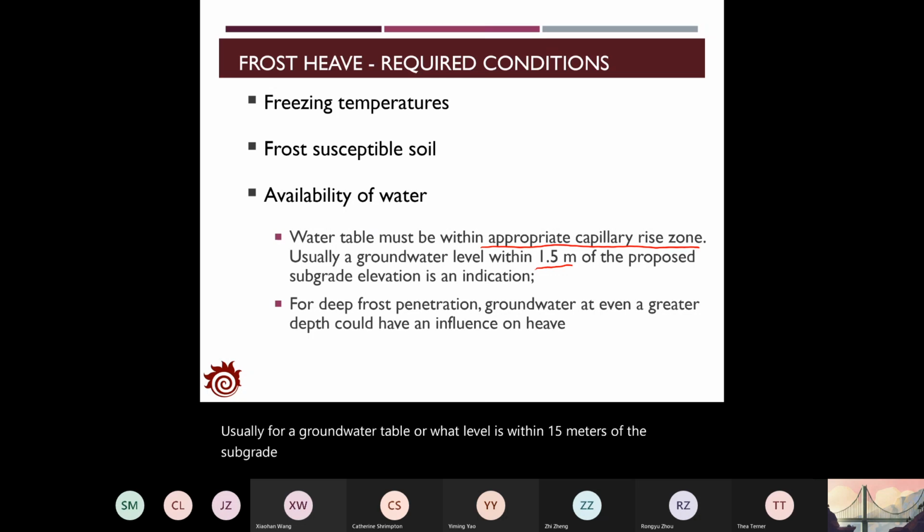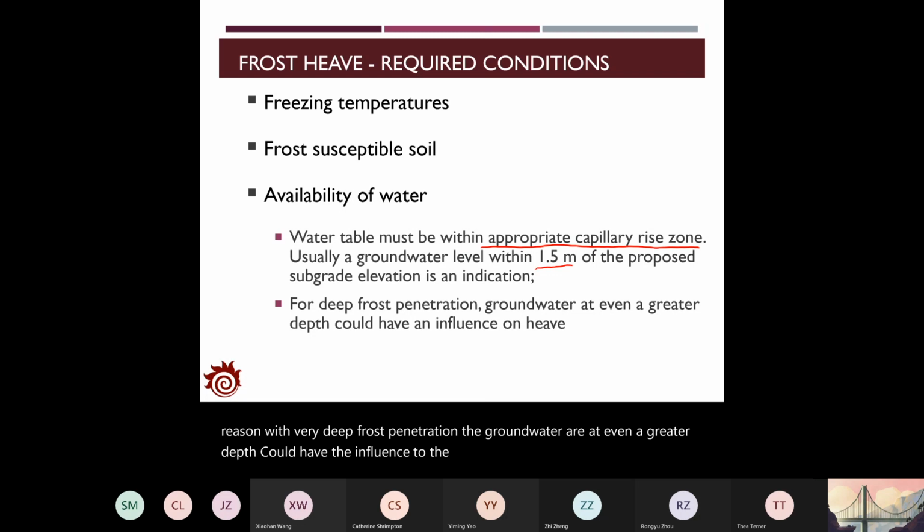So that's a common value that changes at different areas. And another issue is that for some regions with very deep frost penetration, the groundwater at an even greater depth could have an influence on the heave.